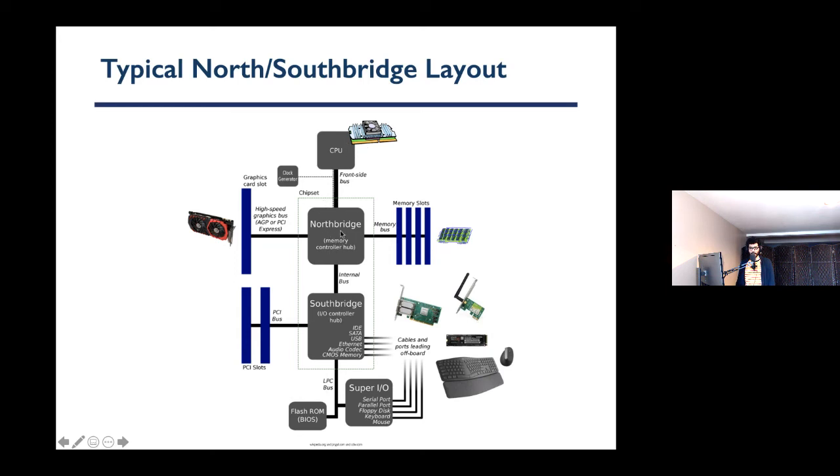So instead of having it as a separate microcontroller outside the chip, they brought this inside the chip, and that gave them a huge performance boost, because if this hub is inside the chip, you can go to memory a lot faster than if you were to get out of the CPU chip, go to another microcontroller, and then go to memory. So that was one performance boost they got. Recently, probably a few years ago, AMD brought this Southbridge also on the same chip, and that gave them a huge performance boost.